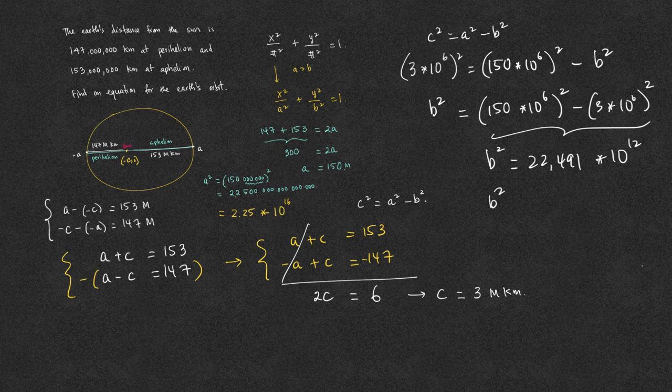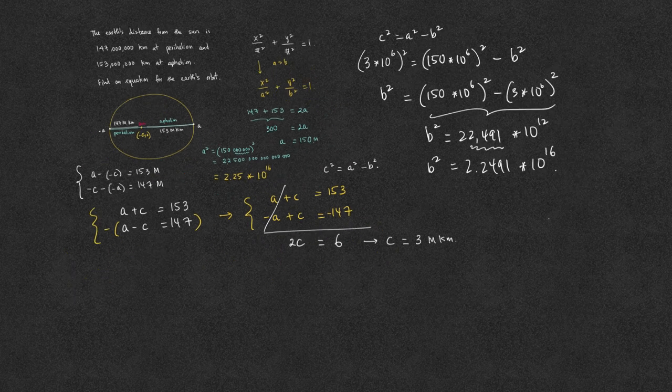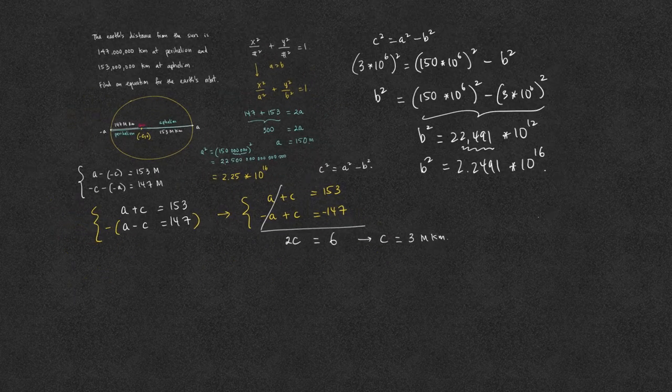In scientific notation, b squared is 2.2491 times. We have 4 more zeros, so 10 to the 12 is now 10 to the 16. And so we found b squared. We also have a squared, and that's all we need to write the equation of this ellipse.